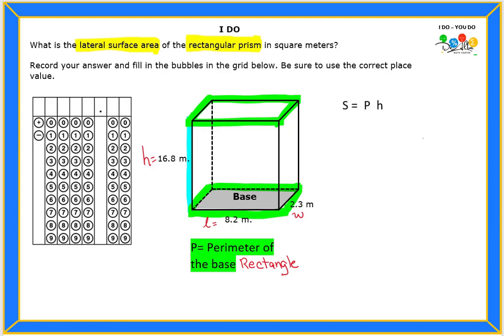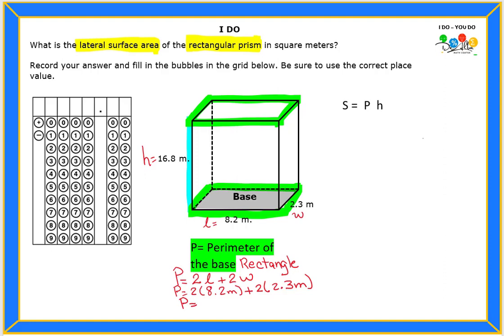So either you add them up and multiply by 2, or you can follow the short formula that we had before for perimeter. It's going to be twice the length plus twice the width. So I will replace the length as 8.2 meters and my width is 2.3 meters.